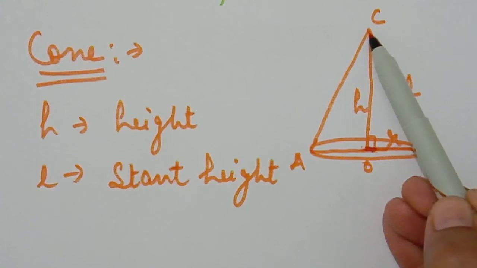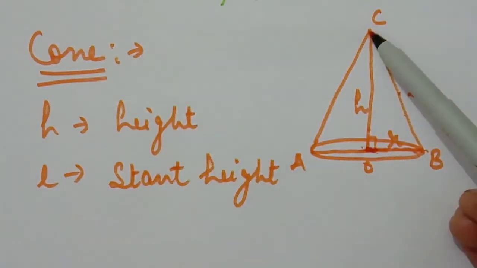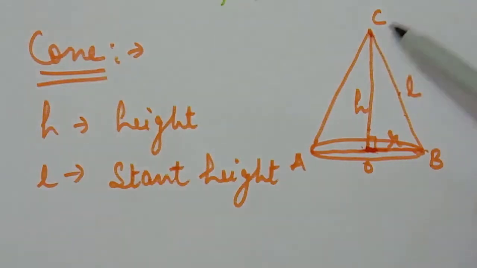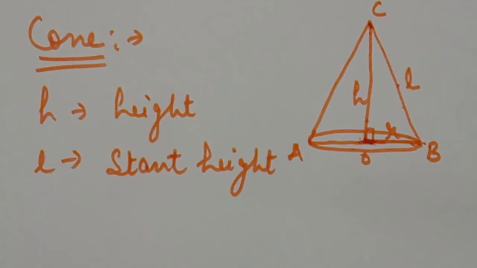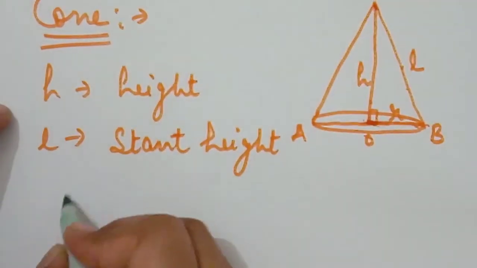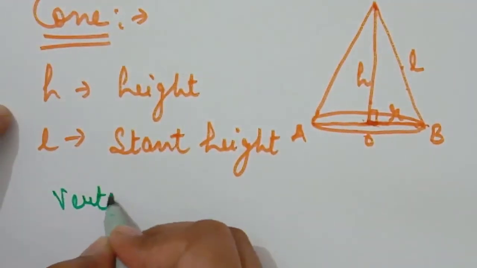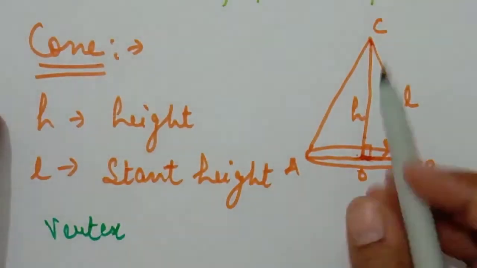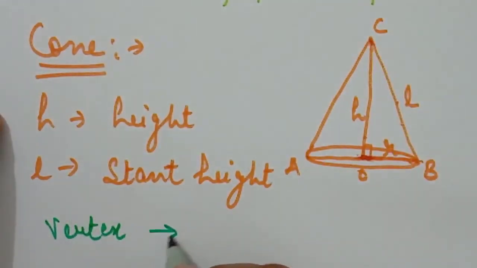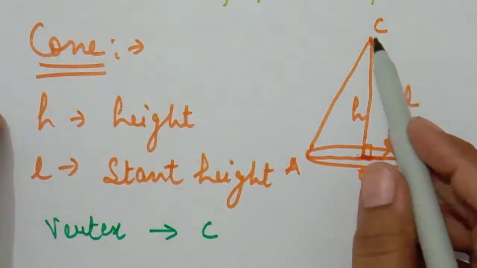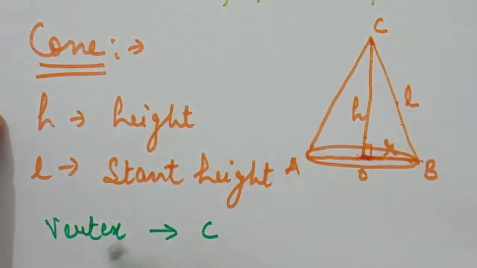So students, this is the vertex of the cone. The definitions used in the cone: one is the vertex. We have only one vertex in a cone, which is vertex C. And what is the axis in the cone?